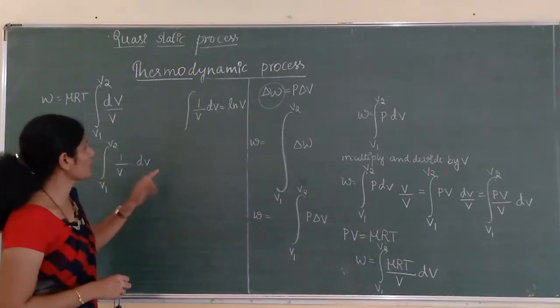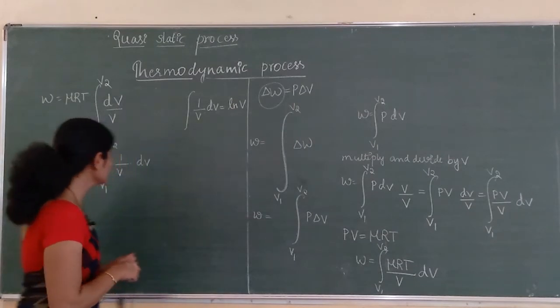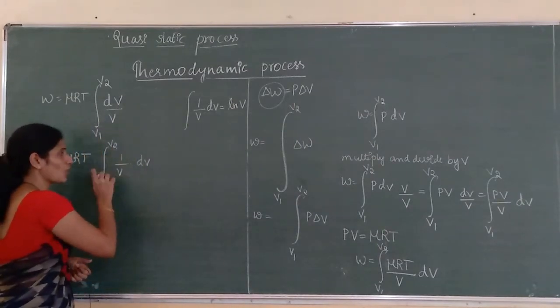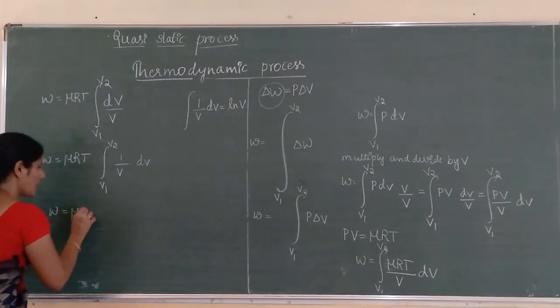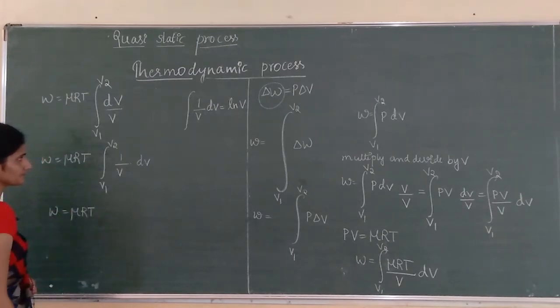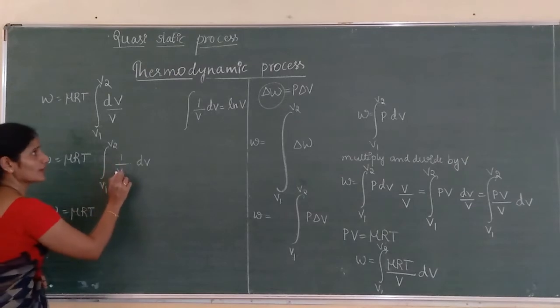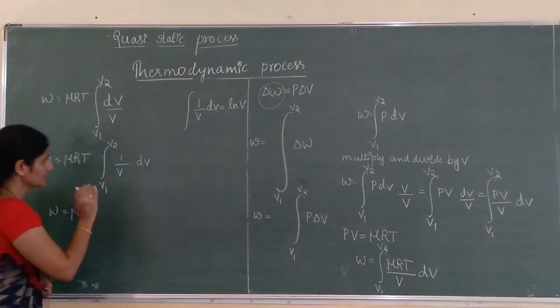Here also we have integration of 1 by V. So, W is equal to mu R into T.